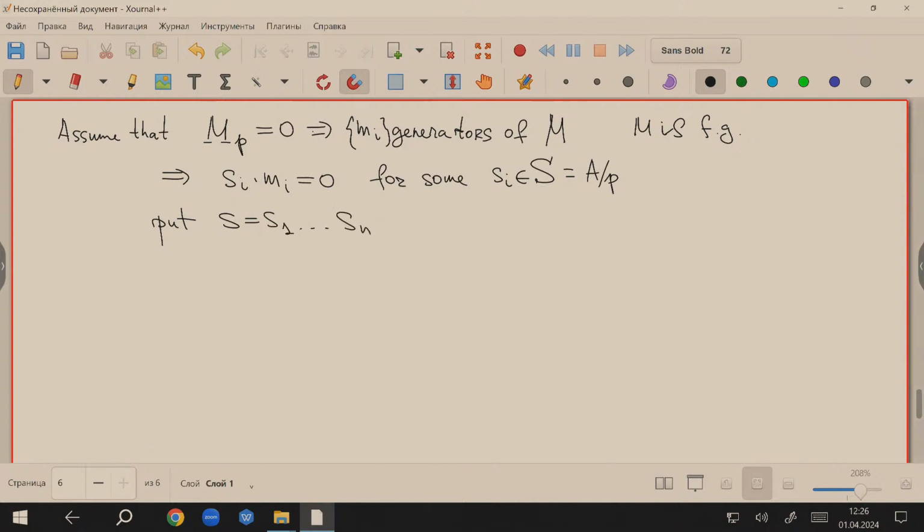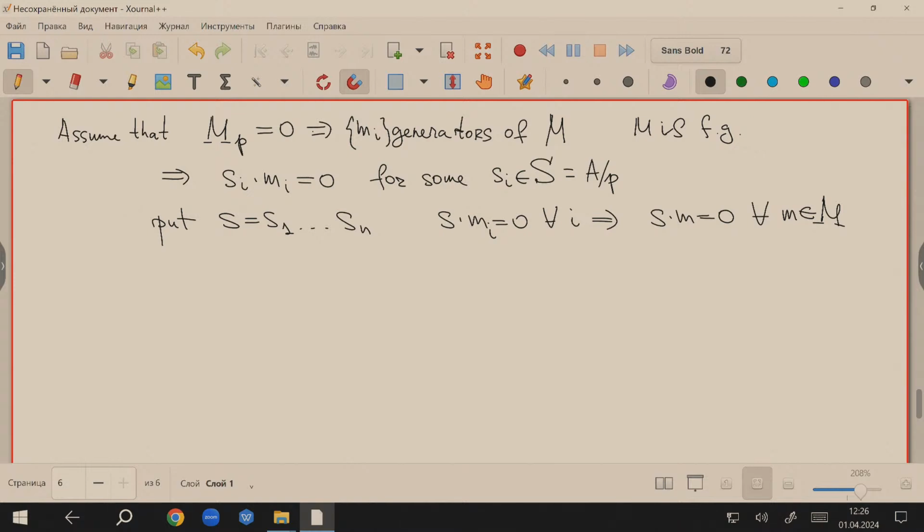and s m_i is equal to 0 for any i, and this implies that sm is equal to 0 for any m inside the module. And notice that s is in the complement.